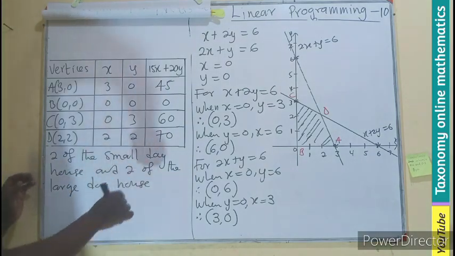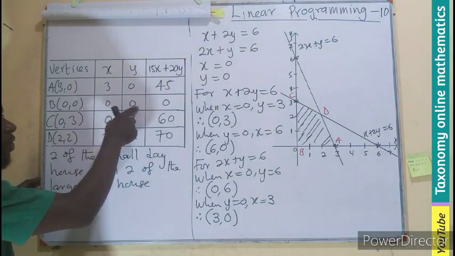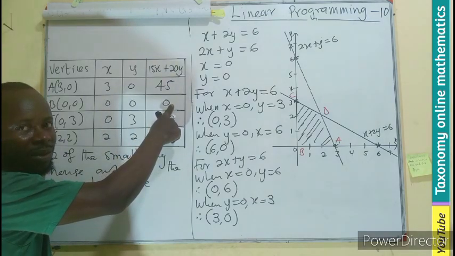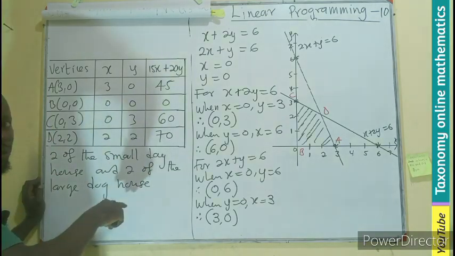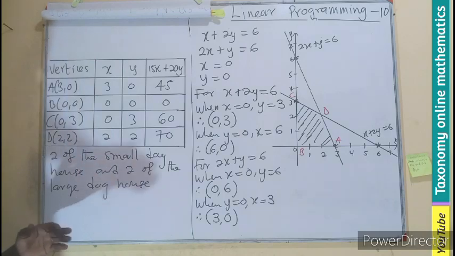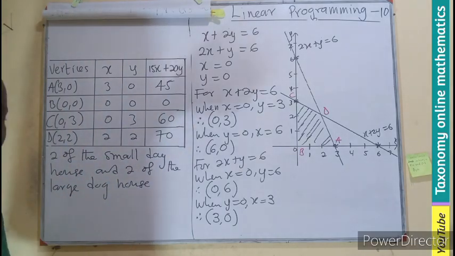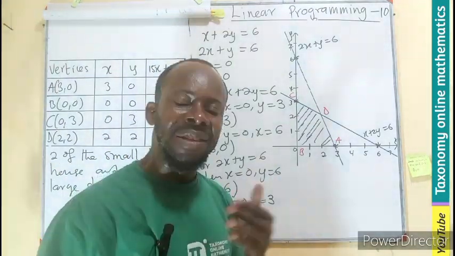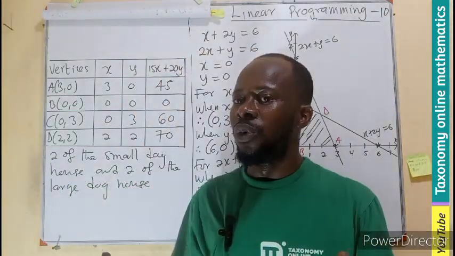In this case, you see that when we don't build any of them, the revenue is going to be 0. But when we want to maximize the cost, then we need to be able to build 2 of the small one, then 2 of the large one. That gives us the actual optimum value we are looking for.